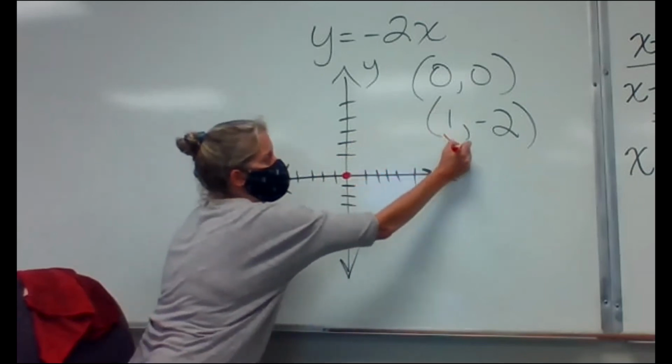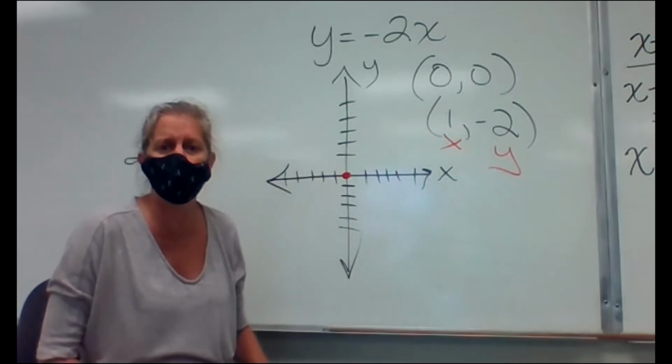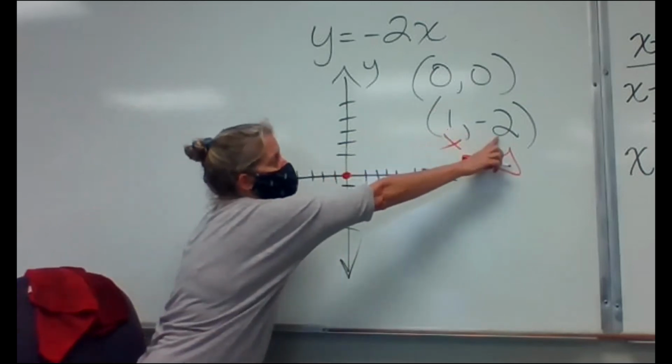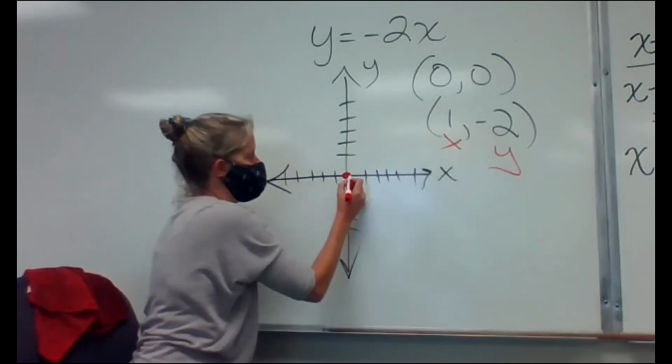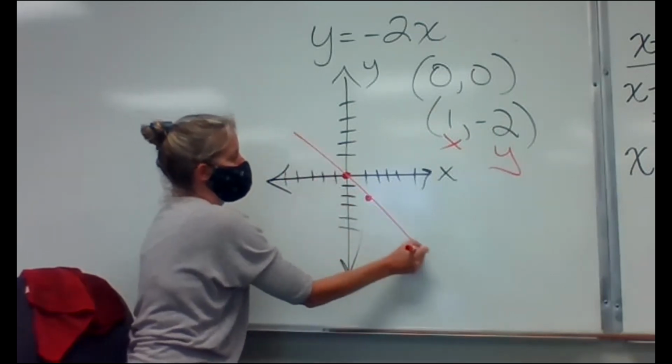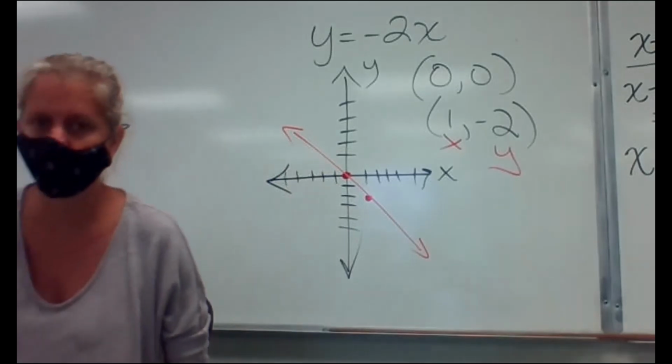So remember, you've got to do your x movement and your y movement before you put a point. So I'm going to go to the right one and down 2 for the negative 2 in the y. Right 1, down 2. There's my second point. Once you draw that second point, MATLAB automatically will connect it for you.